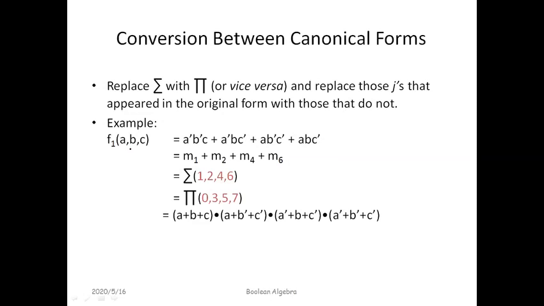For instance, F1 ABC is equal to, we have this expression here, which then yields M1, M2, M4, and M6, and it has sigma 1, 2, 4, 6. This is just the same as saying pi 0, 3, 5, 7, and you have that expression, which is the product of sums. Okay.